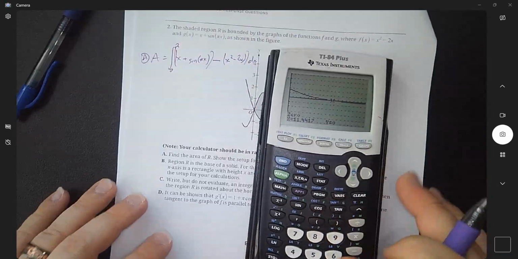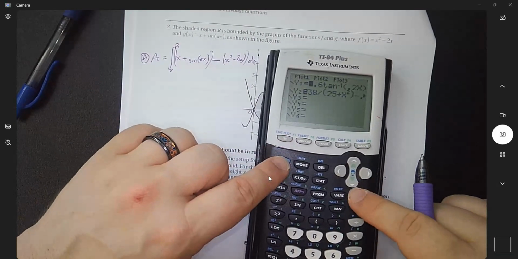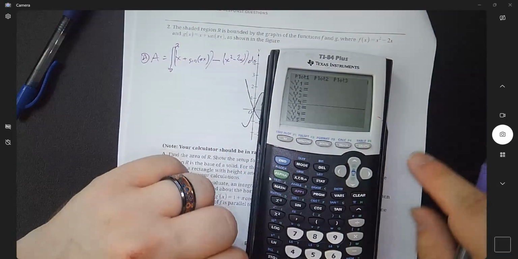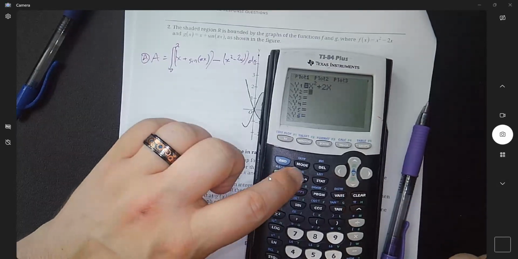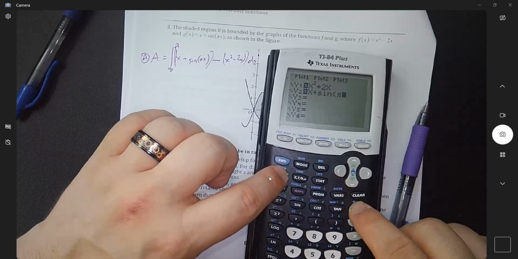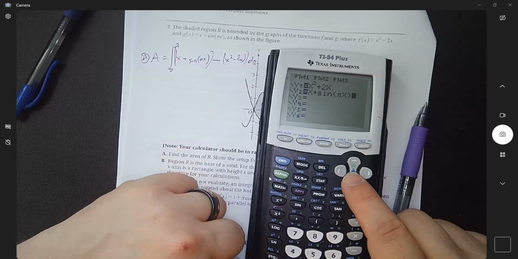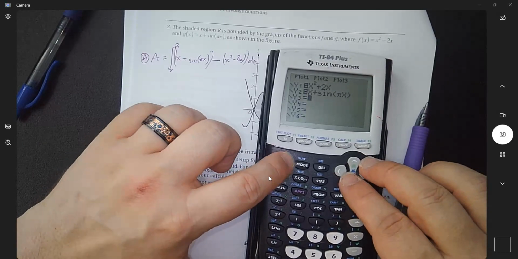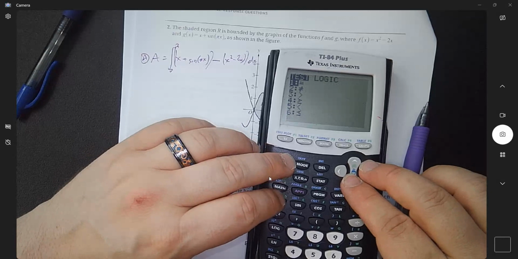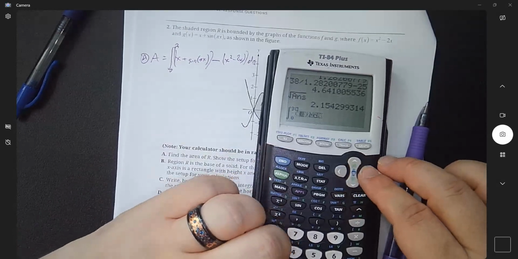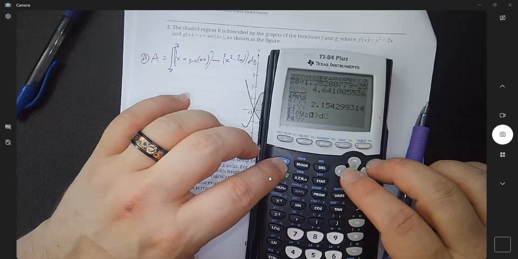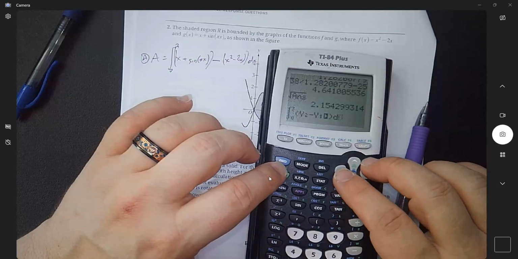And frankly, I have a calculator, so why don't I just go ahead and use the calculator? Okay, so here we go. So we have x squared plus 2x, x plus sine pi x. I'm sure that there's an exact way to do this, but I don't care. So we're going to take a numerical integral from 0 to 3, with y2 on top minus y1 on the bottom.